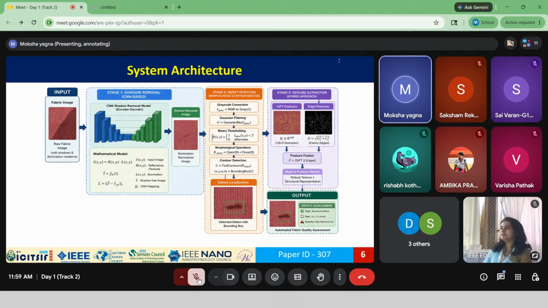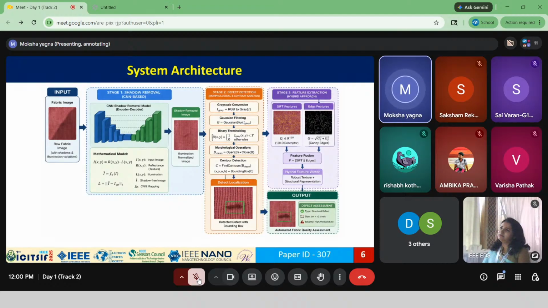This will be our architecture. We give a raw image as input, where the CNN first removes shadows. If there is any shadow, the technique may consider it a defect, so to avoid that, we remove the shadow first and then convert RGB to gray so that Gaussian noise removal can be done easily.